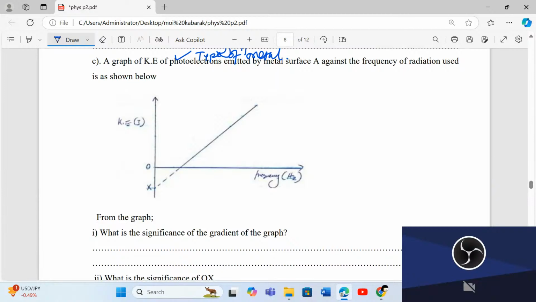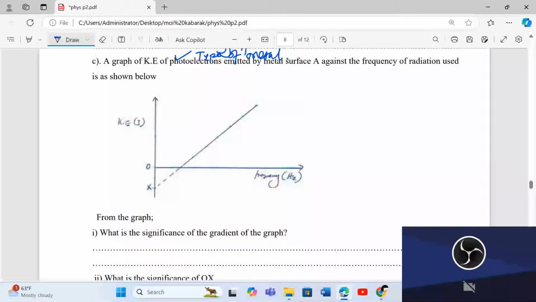Next, a graph of kinetic energy of photoelectrons emitted by a metal surface against the frequency of radiation. Most of the times we do get graphs of stopping potential against frequency.